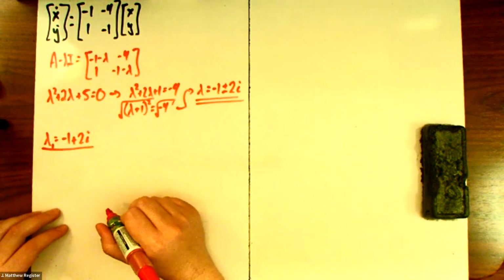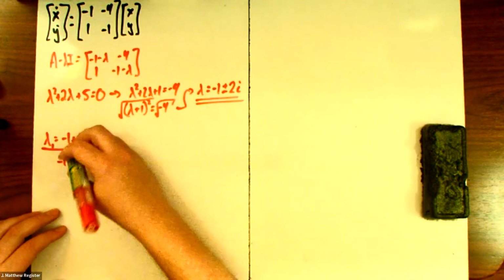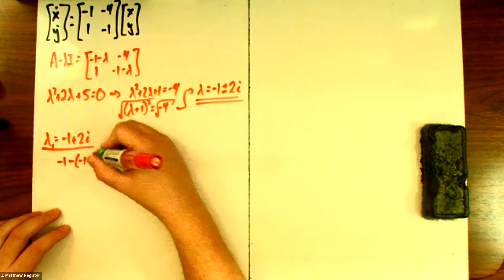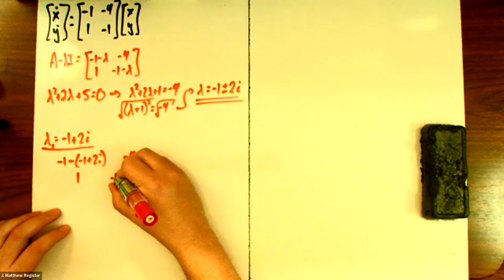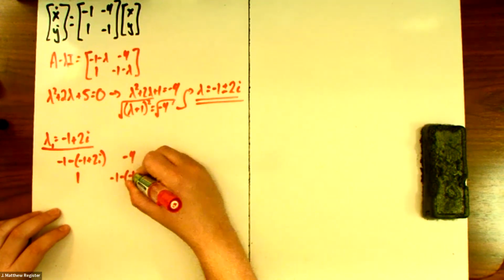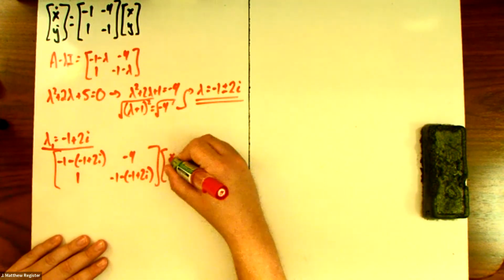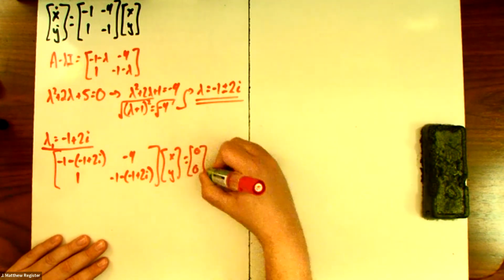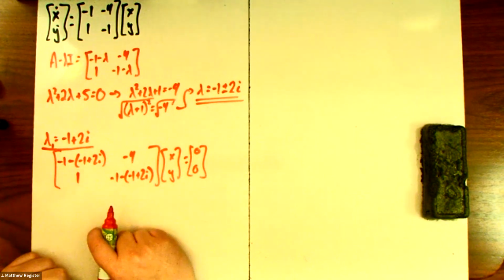Well, now finding our eigenvector, we need to plug that in. And so we are going to get -1 minus (-1 plus 2i), then a -4 and a 1 and a -1 minus (-1 plus 2i), times x, y equals 0, 0. Cleaning this up, the -1s actually cancel.